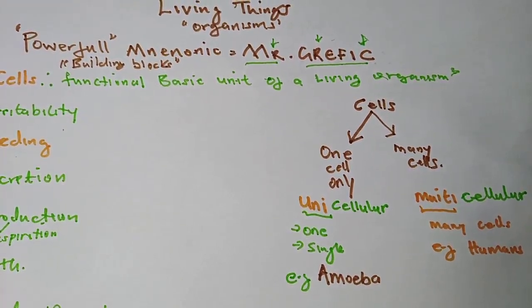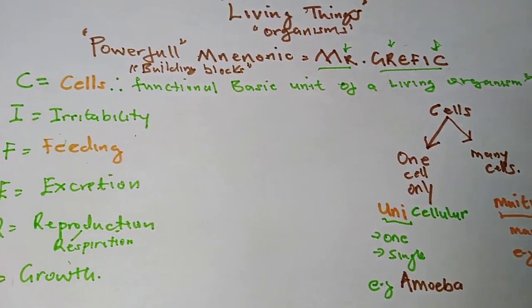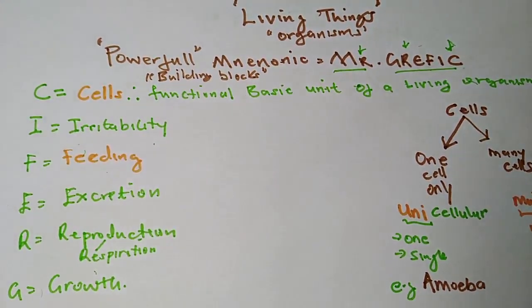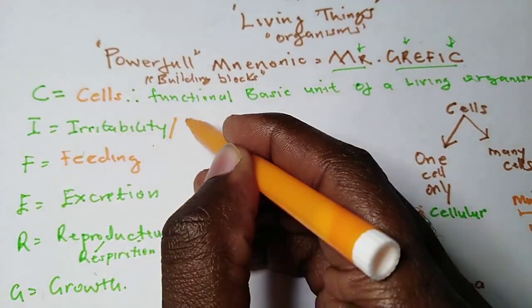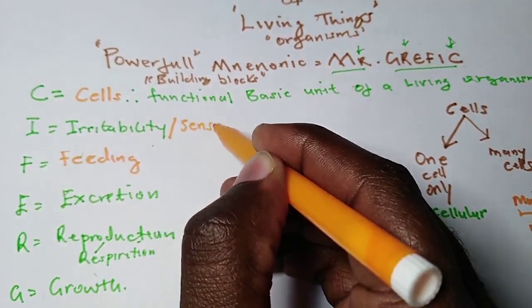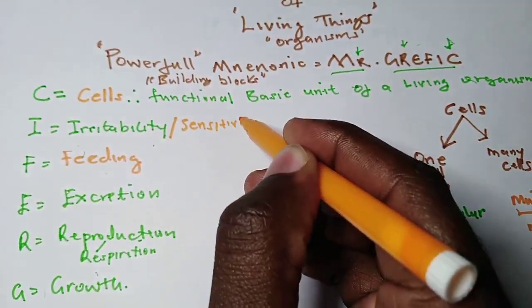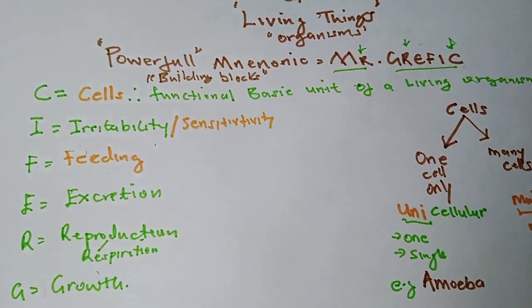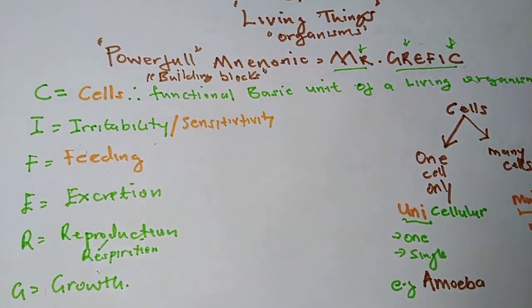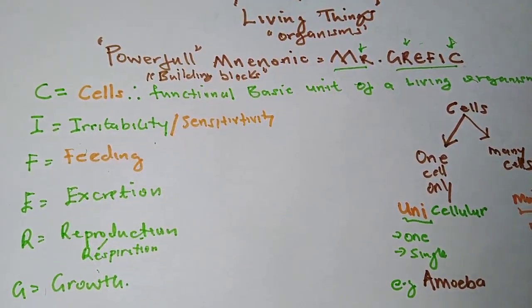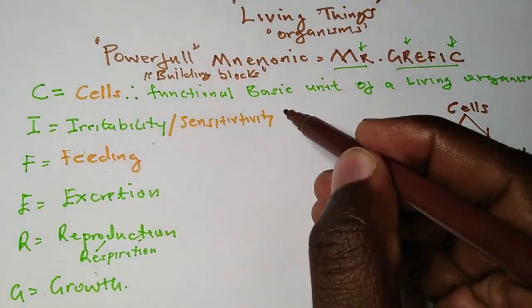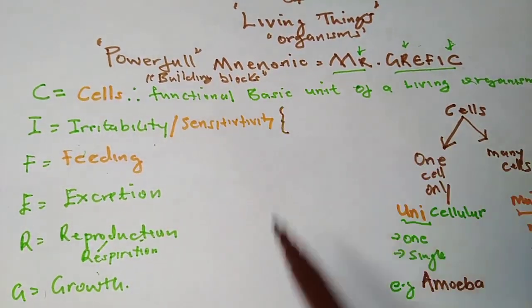Apart from this, the next one is irritability. The other word for irritability is sensitivity. Sensitivity or irritability, what does this mean? It's one of the important characteristics of living things. Don't confuse yourself, it's very simple.